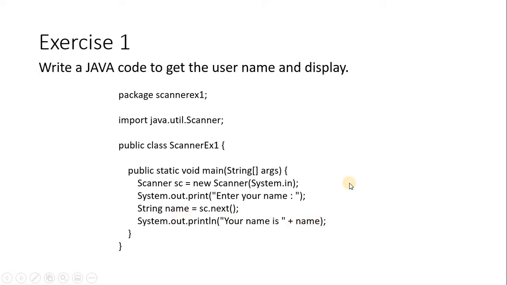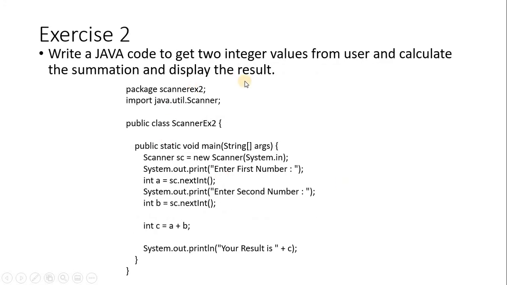This is our exercise here, and now we see the next exercise in which we get two numbers to calculate the summation of the two numbers and display the values. As before, this is ScannerExample2. We have the main method inside, and we have the scanner object here. We ask the user to enter the first number, where we call sc.nextInt.